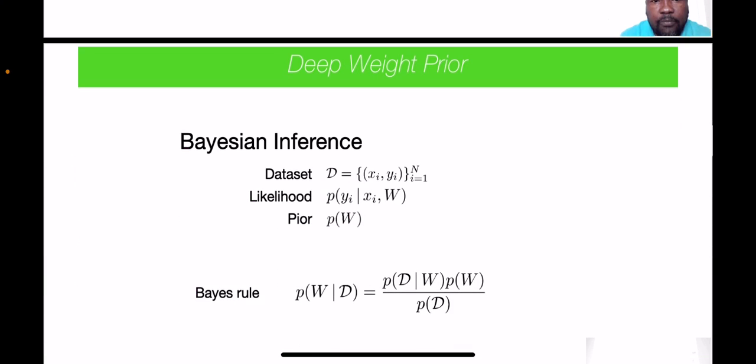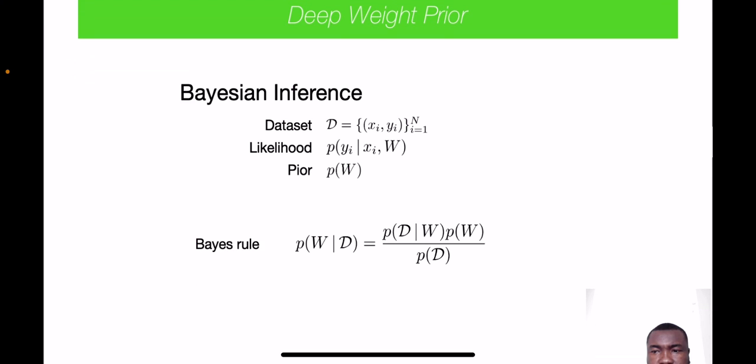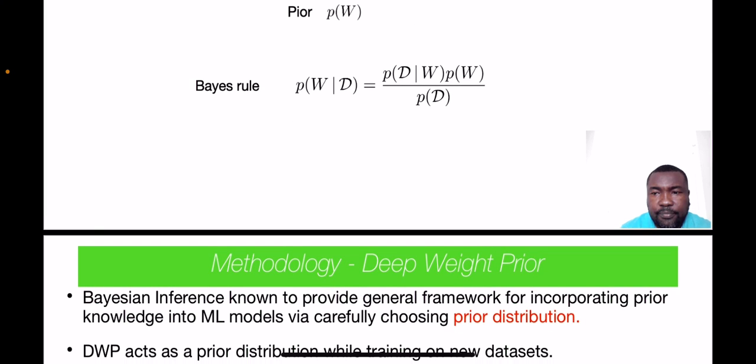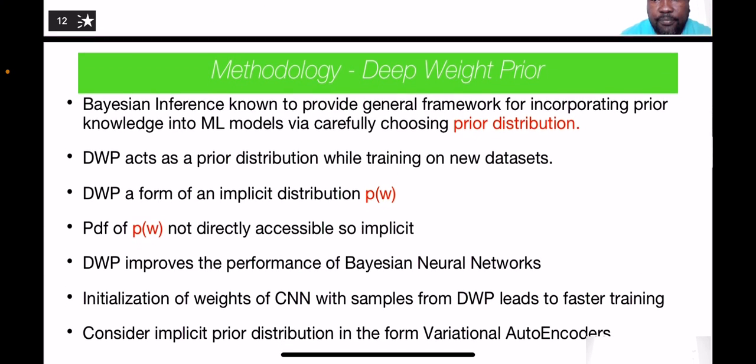Bayesian inference, to start with, uses Bayes' rule, meaning that we have a likelihood and we have the prior distribution, and Bayes' rule says that the posterior distribution is the likelihood multiplied by the prior, which we then scale by the probability of the data to have a proper probability distribution.